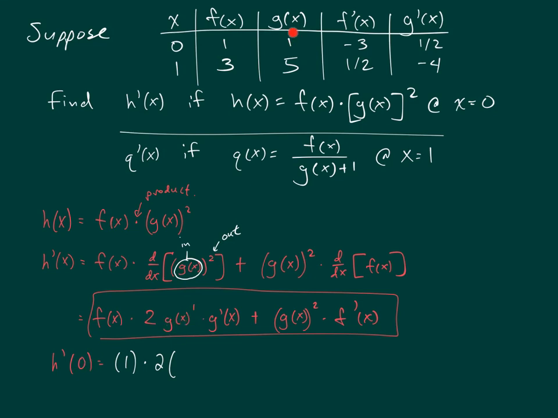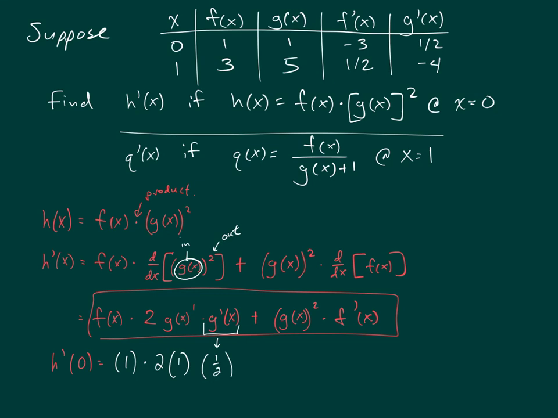When x is 0, g of x is 1. So again, I have 1. Times this piece here, g prime of 0. When x is 0, g prime of x is 1/2.